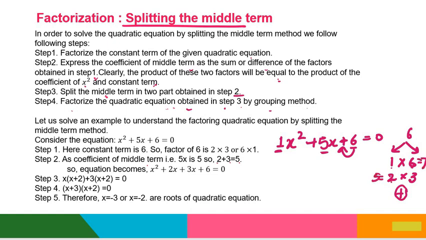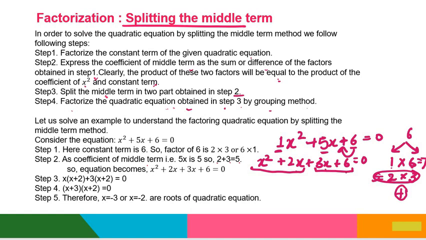So we consider this only. Now write the equation like this: x² + 2x + 3x + 6 = 0. Now we solve it by the grouping method. The first group is x² + 2x and the second group is 3x + 6.